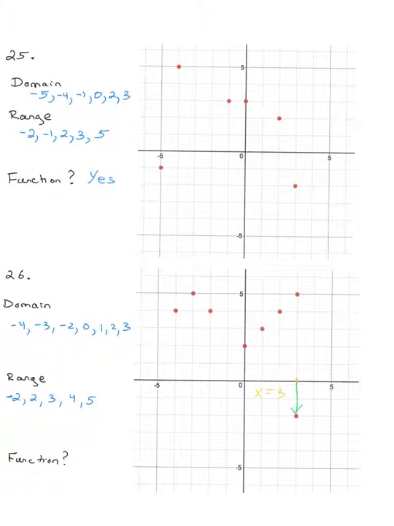You get y is equal to -2, but you also get y is equal to 5. You have a point directly above the other. If this ever happens, even once, the answer is no. You do not have a function. It could happen multiple times, but as long as it happens once, not a function.